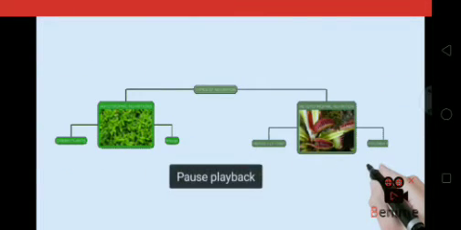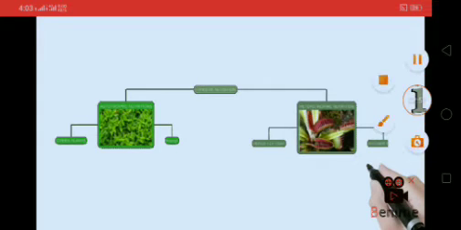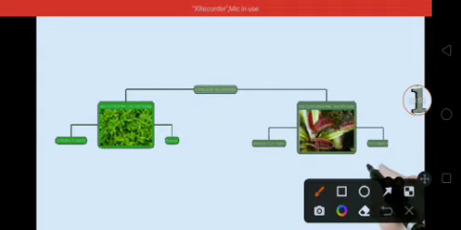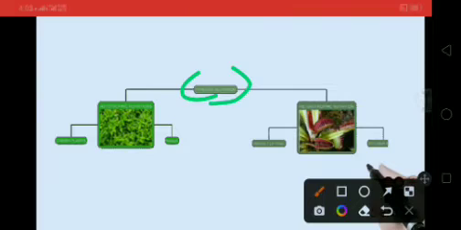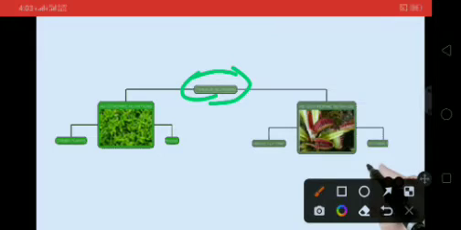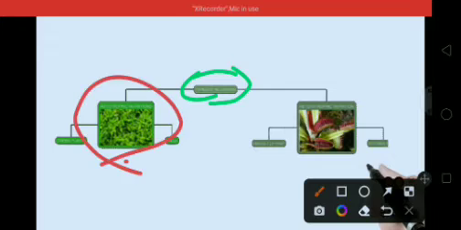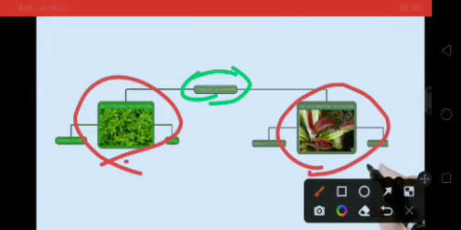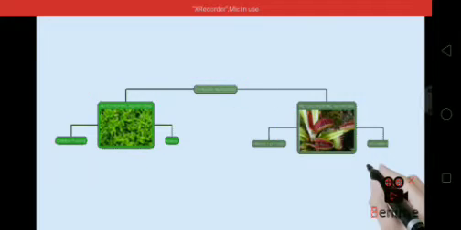This is a table made by me. You can see over here these are the types of nutrition that we will be learning. We have two types of nutrition: the autotrophic nutrition and also heterotrophic nutrition. In autotrophic nutrition, we have examples like green plants.